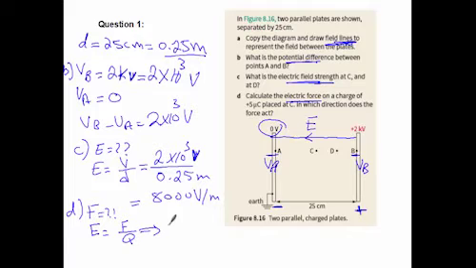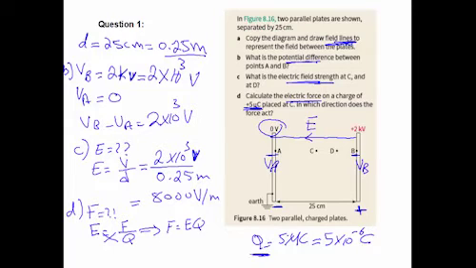So this will give us that the force equal to E multiplied by Q, the charge. So here the electric force on a charge of, this is our charge, so our value is 5 microcoulomb. We will convert it to coulomb, so 5 times 10 to the minus 6 coulomb.